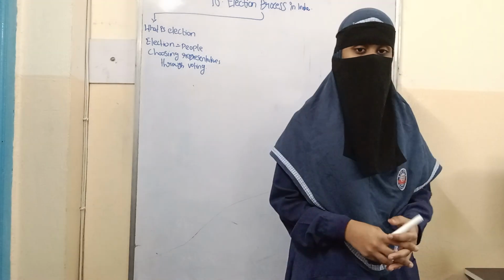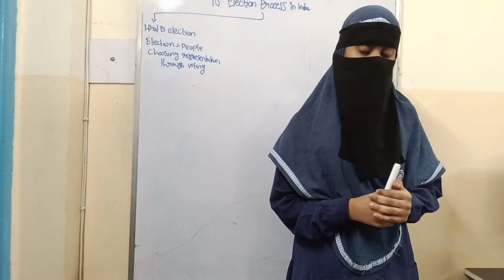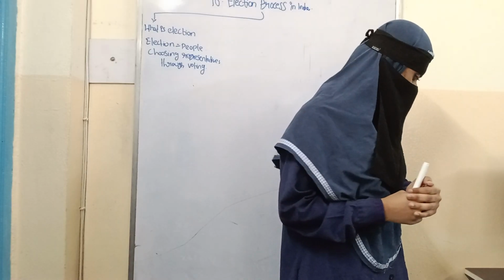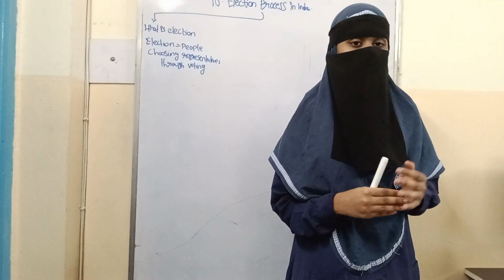So election is nothing but a democratic process through which people choose the representative. And how do people choose the representatives? People choose the representatives by voting.